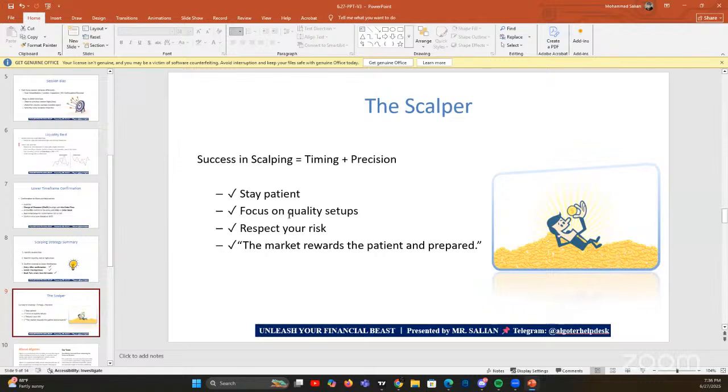And lastly, the market rewards the patient and the prepared. When you are patient, you are watching the Asia session the whole day, and then London manipulates it, and then you see the break of structure going for all the liquidity, and then suddenly you see the change of character. Now this is the time to enter, because you are patient.